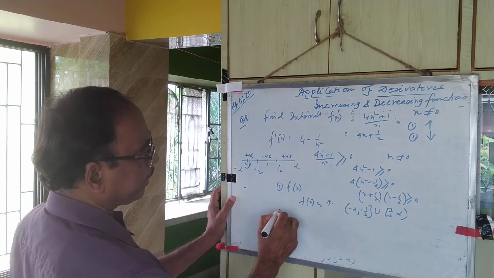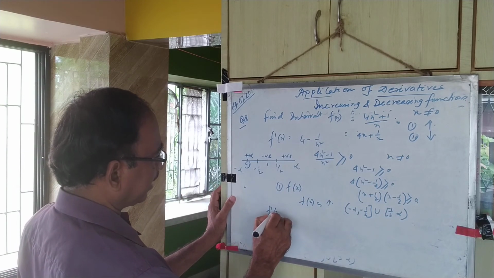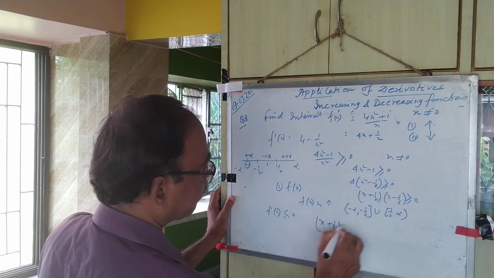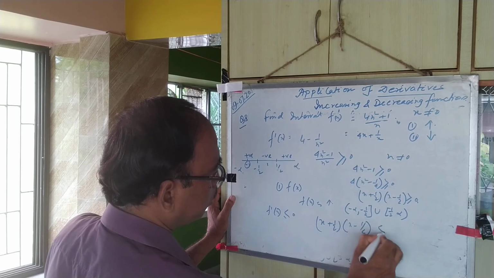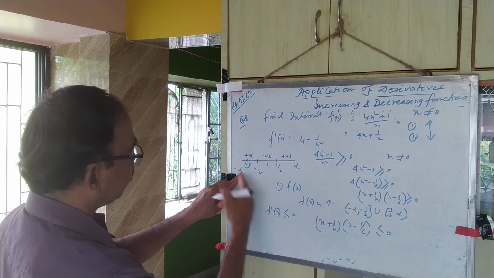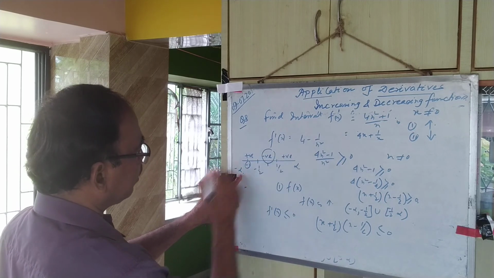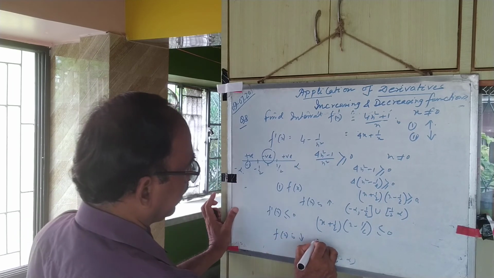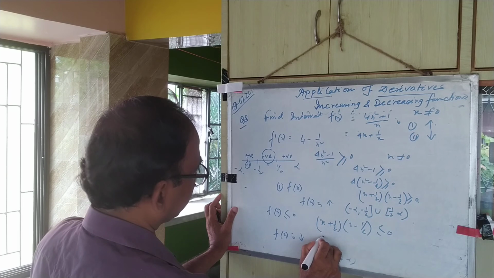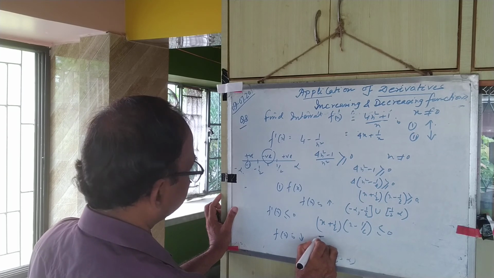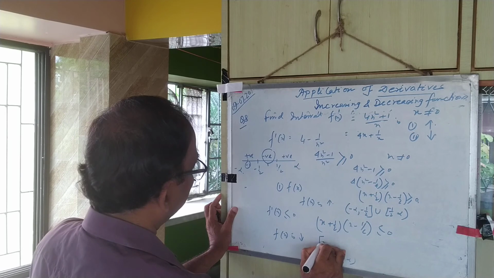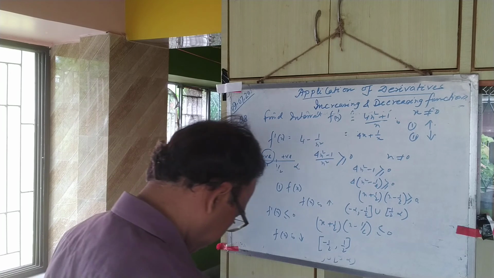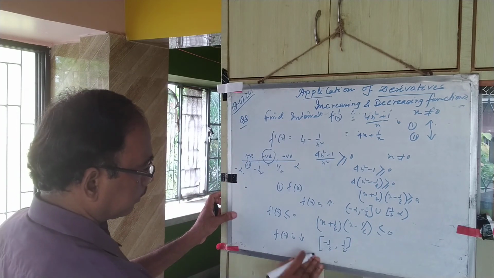For decreasing, f dash x should be less than or equal to 0, that is, (x plus half)(x minus half) should be less than or equal to 0. Next, test here, this is negative. Therefore, f(x) is decreasing in the interval minus half comma half, including the endpoints.